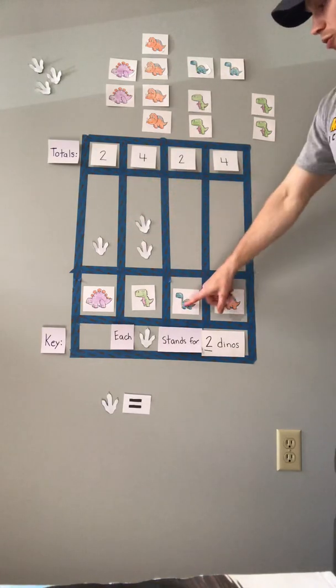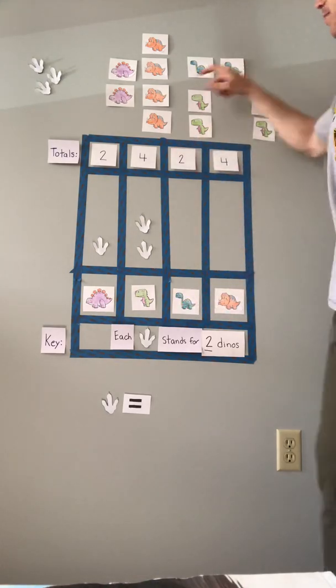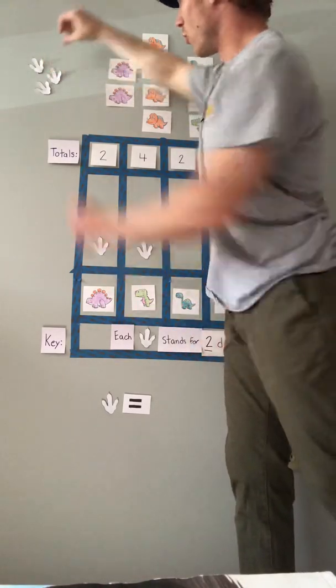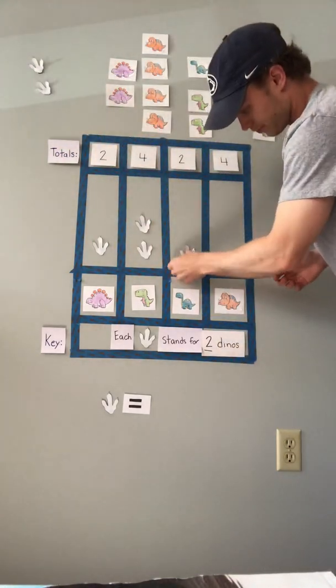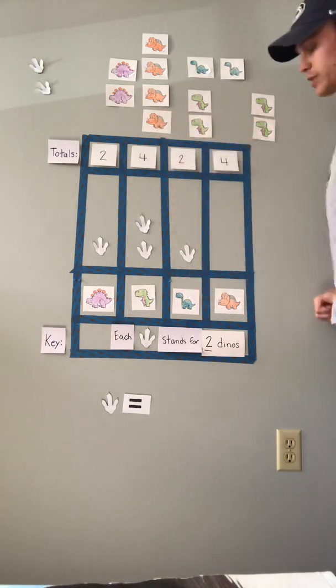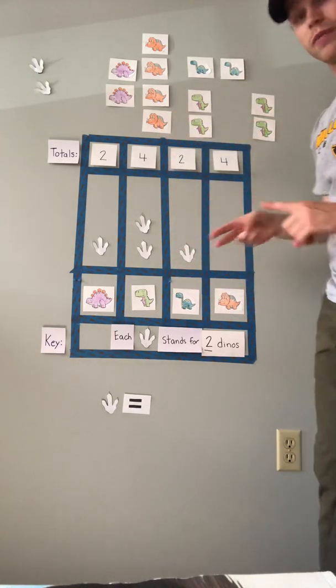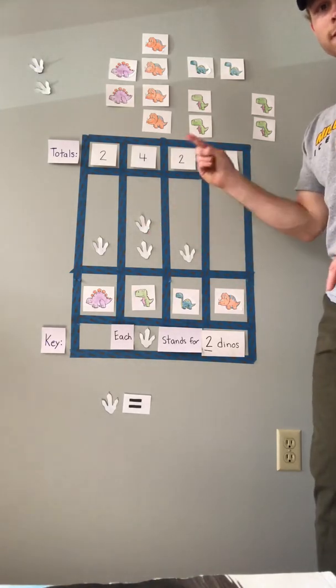Now we move on to our blue dinosaur. There's 2. As we know, 1 footprint equals 2. So this one only gets 1 footprint. And then we move on to our orange. So let's count by 2s to see how many footprints we need for our orange. We have 4, so 2, 4.